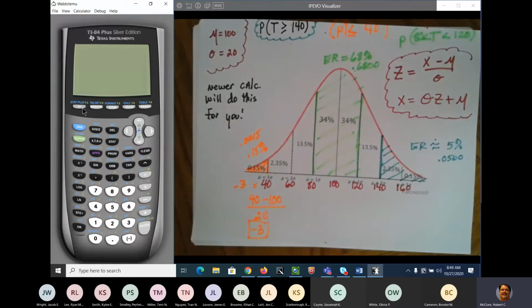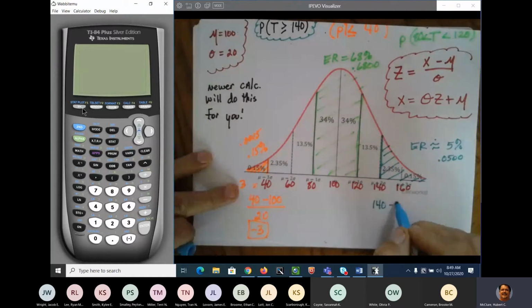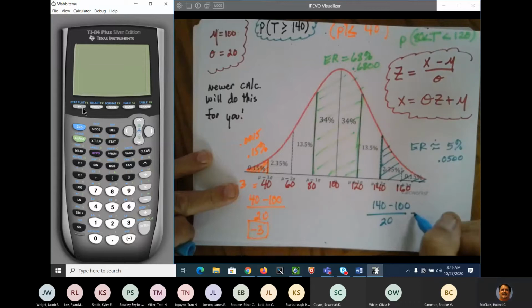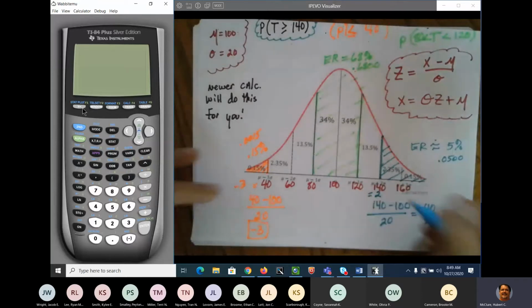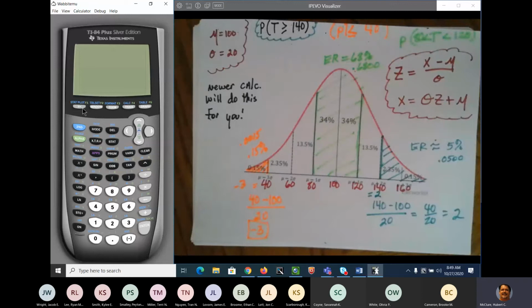Okay? My z-score for my blue, sorry, 140 minus 100 over 20. And that's equal to 40 over 20, which is equal to 2. So 140 is equal to a z-score of 2.